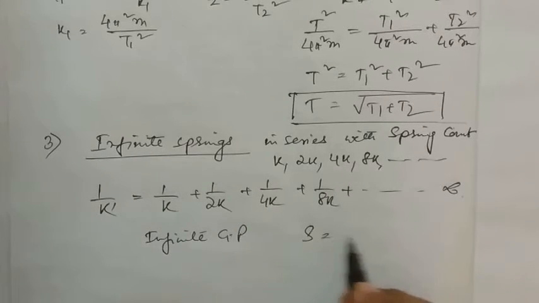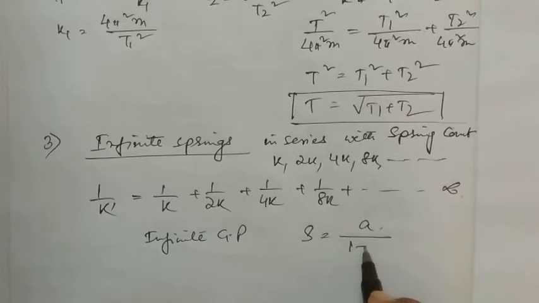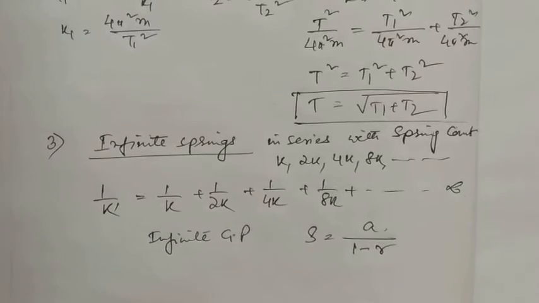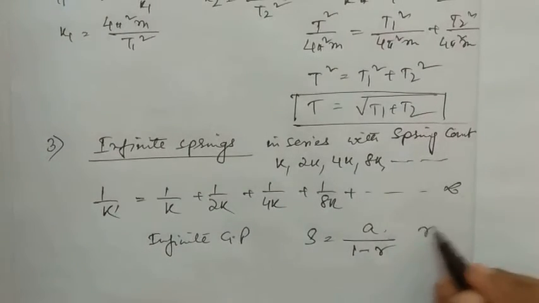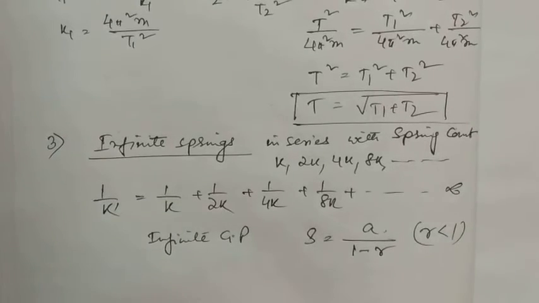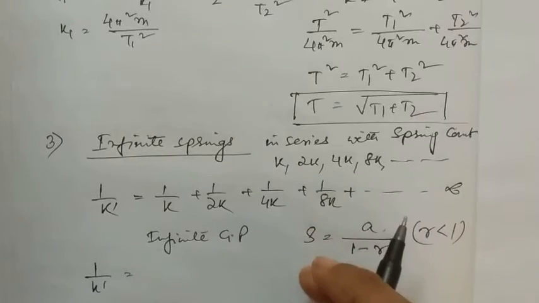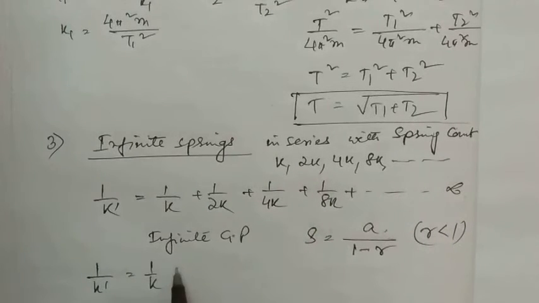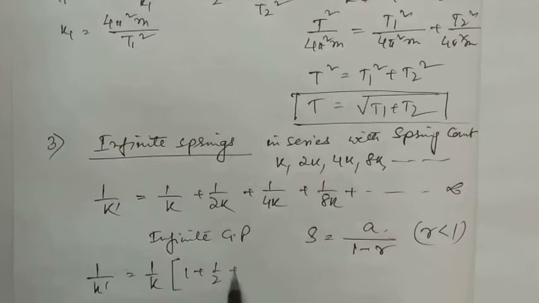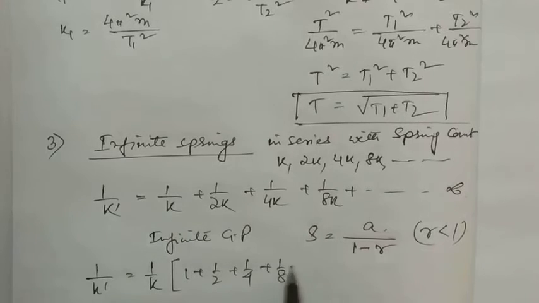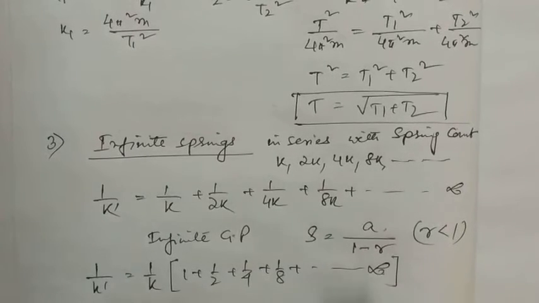The formula of the summation will be a by 1 minus r, with r less than 1. So we can write here 1 by k dash is equal to, taking the common 1 by k, 1 plus half plus 1 by 4 plus 1 by 8 up to infinity.